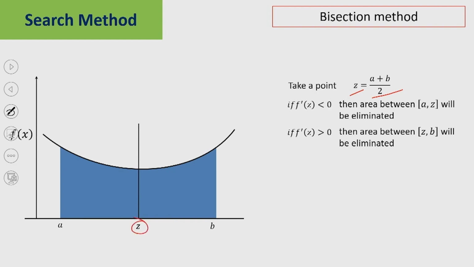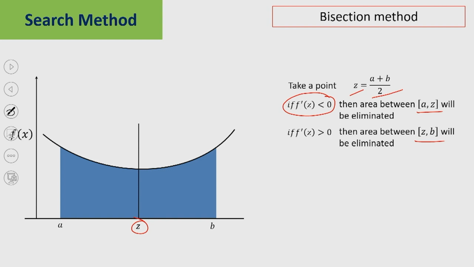At the midpoint we take this point z, and then we check whether the derivative value at that particular point is less than 0 or greater than 0. If it is less than 0, then we eliminate the region A z, and if it is greater than 0, then we eliminate the region z B.